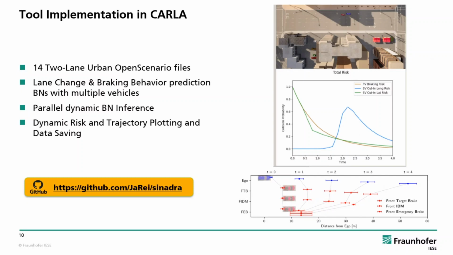One of the particular features is that since BN inference is not that computationally efficient, and in the worst case even NP hard, we parallelize this, as you can assume if we're having more complex situations, that this gets computationally intractable quite soon. And yeah, we uploaded this to GitHub. So anyone who wants to have a look into the code, or wants to even, I would appreciate that, perform further experiments on that together with me can try it out.